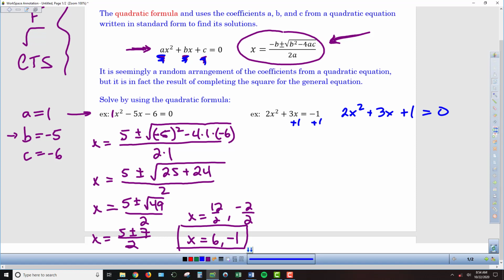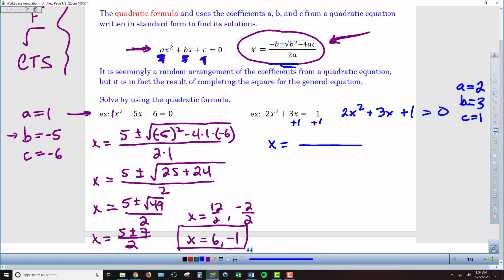But once I've done this, I've got x equals, get myself set up here. So once again, a is going to be the coefficient in front of the x squared, so that's 2. b is going to be the coefficient in front of x, so that's 3. And then c is that number being added or subtracted on the back end, so that's 1. So we got x equals negative b, so again, referring to my quadratic formula up here.